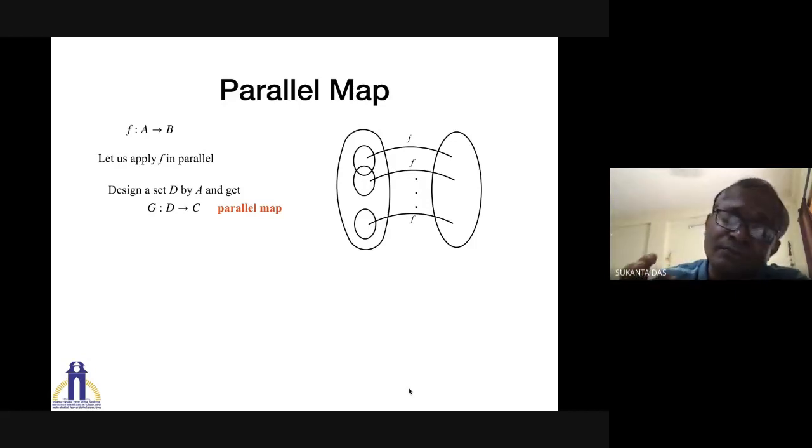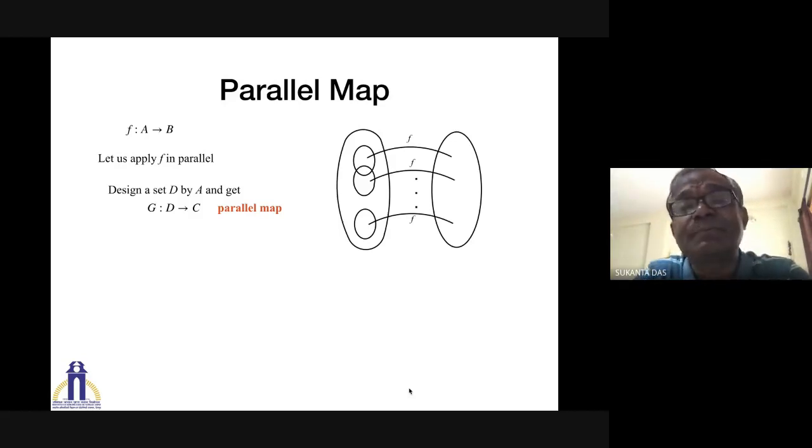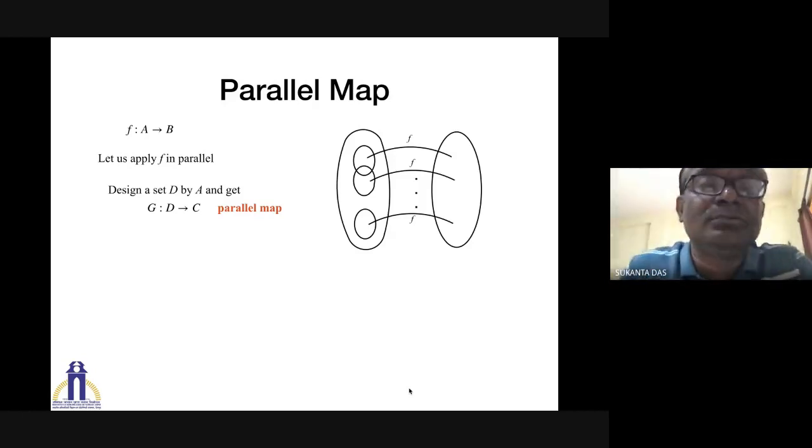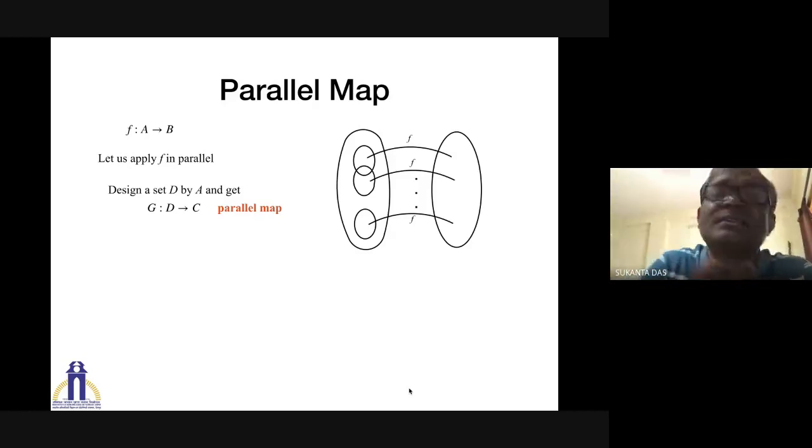So I first find f of x, then f of f of x, in this way. When I get f of f of x, the outer f is waiting for the f of x value, right? Because it is a serial operation. But here nobody is waiting. All are working in parallel, right?